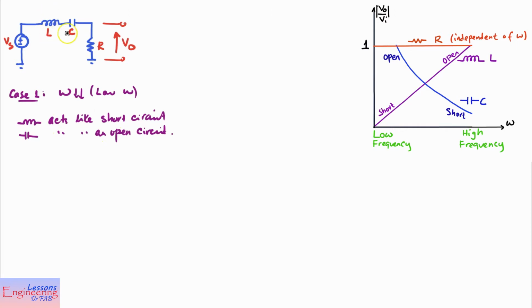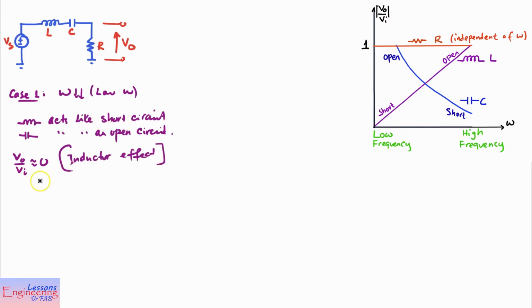So the total effect is an open circuit as a whole, and voltage dissipation across this is going to be high. So there's no voltage to our resistor, therefore V naught over Vi is going to be almost 0. But the only effect we have here is the inductor effect.